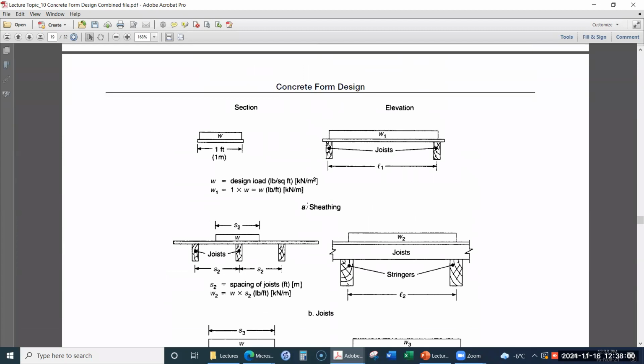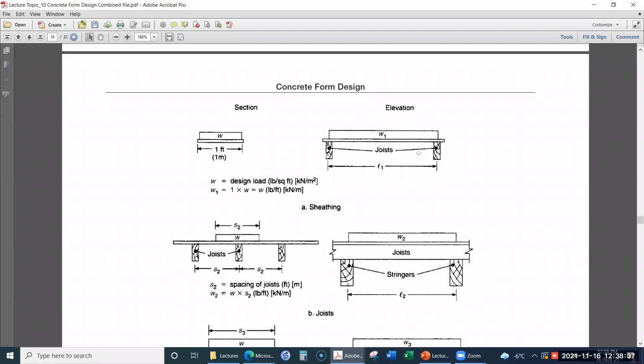First is the sheathing. Sheathing is like a slab. It is the part of the formwork which supports the slab. For example, this thin sheet is the sheathing, and it is supported on two sides by beams. We call these beams the joists.